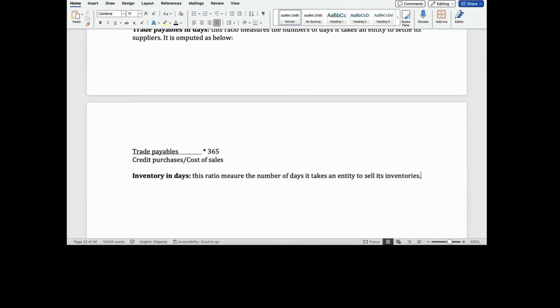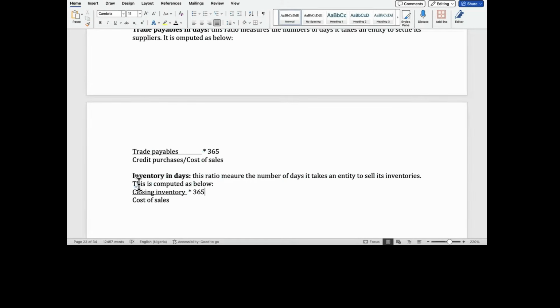That's inventory in days. It is computed as closing inventory divided by your cost of sales, multiplied by 365 days.